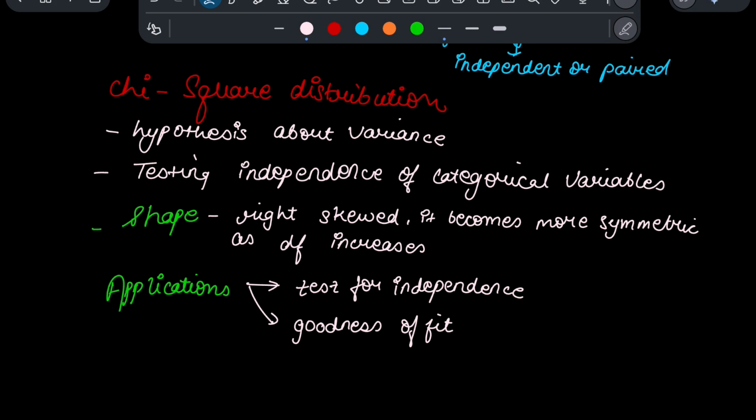The degrees of freedom in the t distribution is n minus 1, while in the chi square distribution it is categories minus 1. Common tests in the t distribution are the one sample and two sample t tests, while for the chi distribution they are the independence test, goodness of fit, and variance test. As df increases to infinity, the t distribution approaches the normal, and the chi distribution also approaches normal for large df.